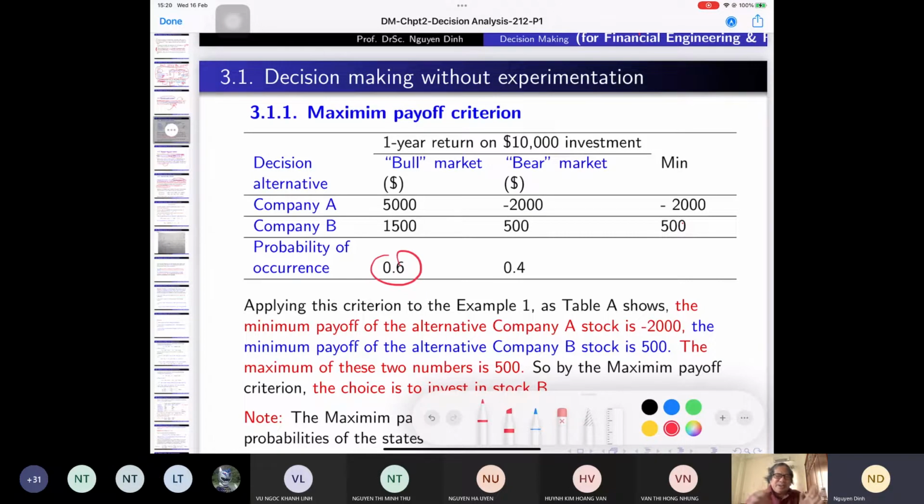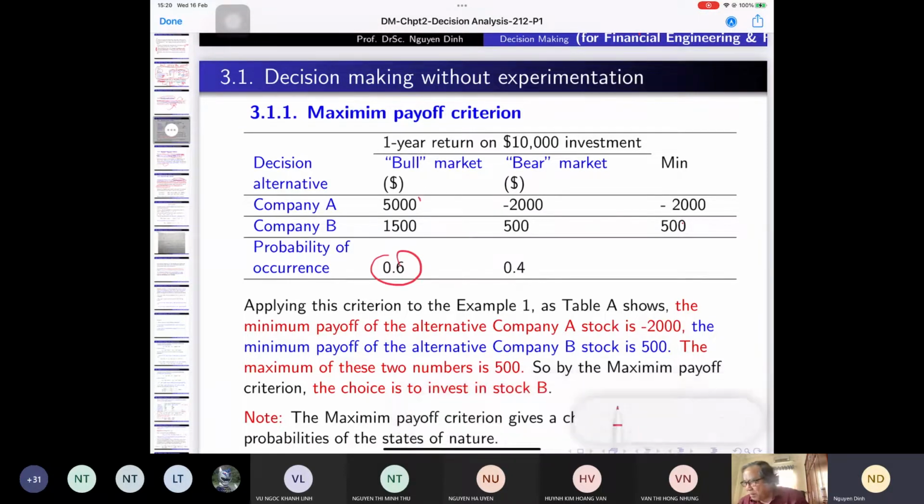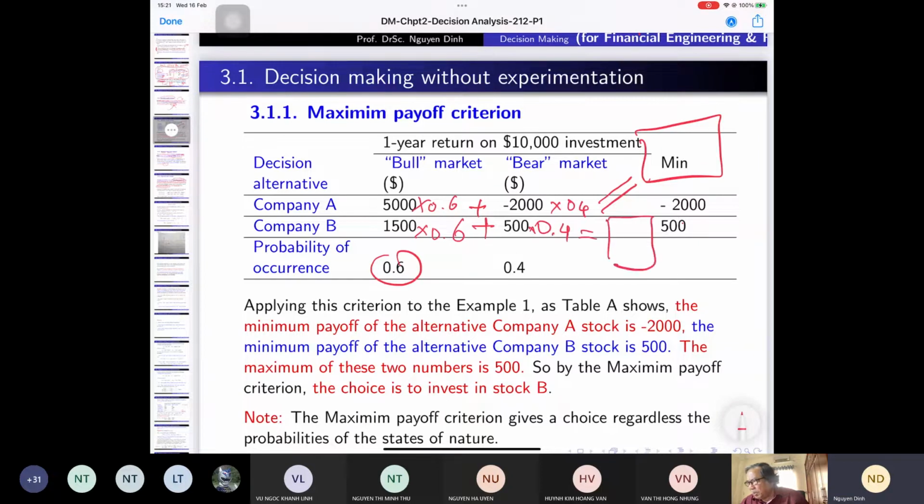You calculate the expectation of the discrete random variable. So this number multiplied by 0.6 plus this multiplied by 0.4, and then it equals something here. And the expected value of company B is 1,500 multiplied by 0.6 plus 500 multiplied by 0.4, which equals some number here.